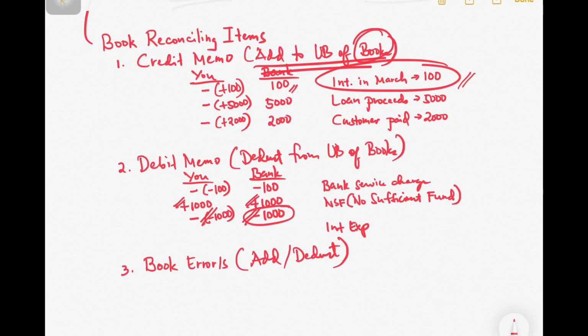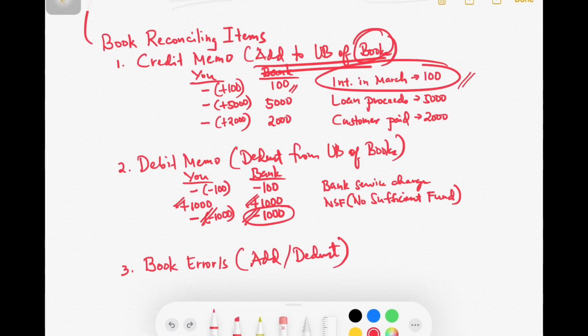So, if you are expecting a 100 interest revenue from the bank, 20% of that will be taken from you and paid by the bank to the government. And normally, you will only learn of this once you receive the bank statement. Actually, it's not interest expense. It's final tax. Sorry.